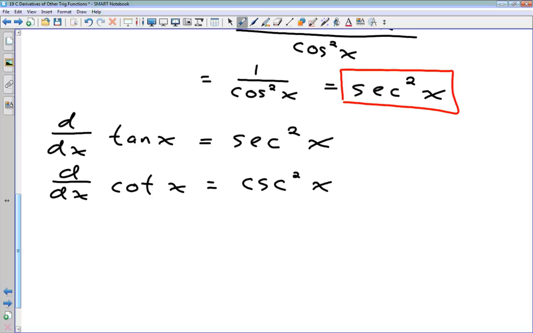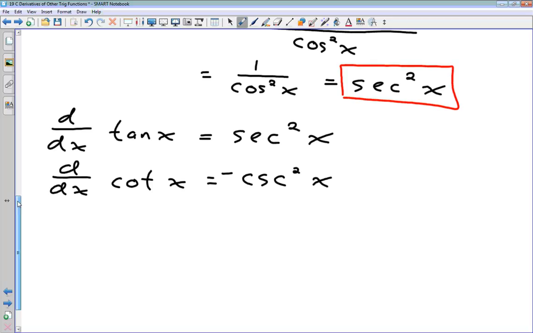That seems a little bit appropriate. But there's one thing we were missing. This has a negative sign on it. Anytime your original function starts with the letter c, the derivative is going to be negative. I'm not exactly sure why, it just is. So derivative of cosine has a negative sign. Derivative of cotangent is negative cosecant squared.